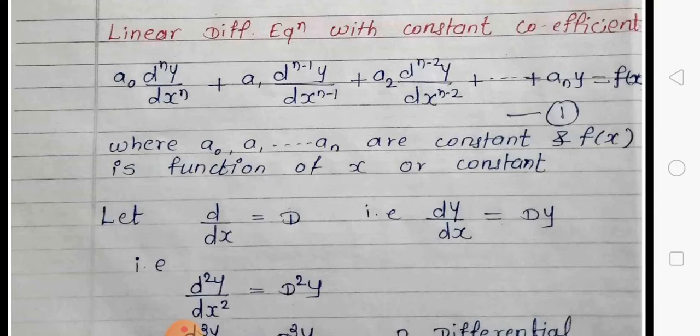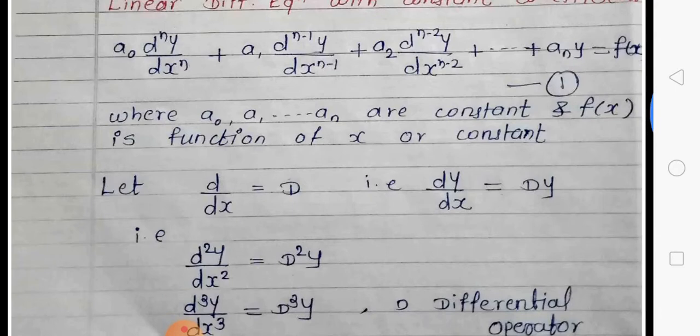Here a naught d raised to n y upon dx raised to n. Here a naught denotes the constant coefficient of the differential coefficient, and d raised to n y upon dx raised to n is the differential coefficient or the derivative of order n.